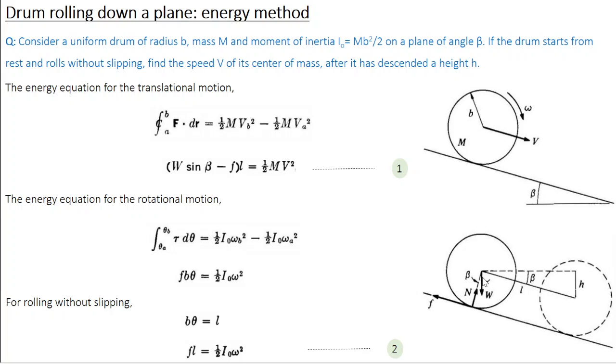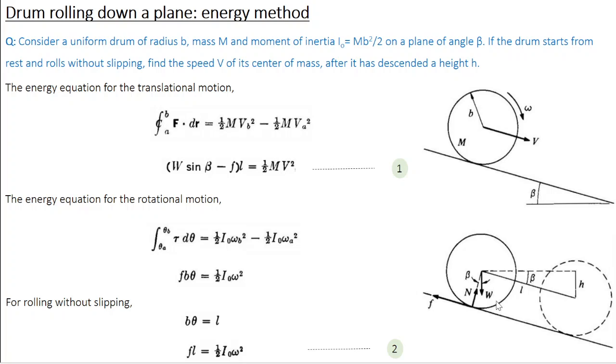And what are the various forces acting on the drum? Of course, there is weight, which is always acting vertically downwards. And since this is rolling on a surface, you have a normal force N which acts perpendicular to the plane, upwards. And there is always a frictional force acting against the translational motion. From the geometry, if this angle is beta, this angle is also going to be beta.